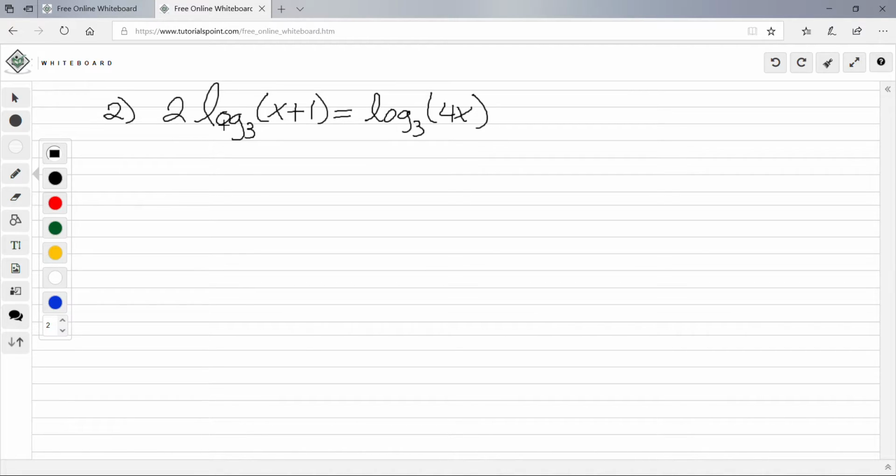We have 2 log base 3 of x plus 1. Remember the log rule: whenever there's a number in front of the log, you put it in exponent form, so log base a of m to the n.